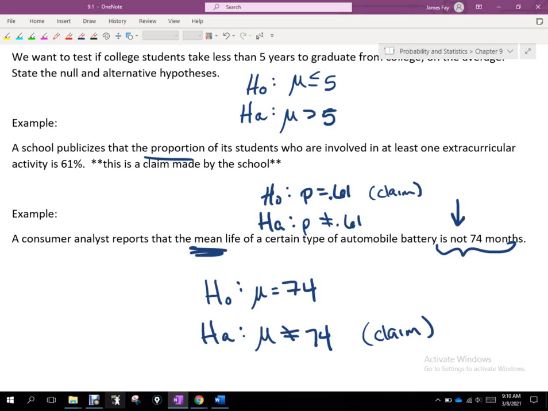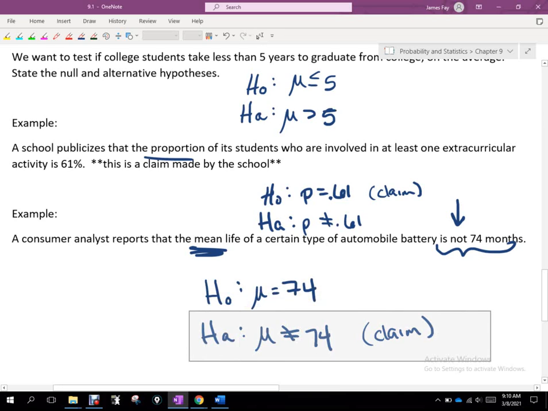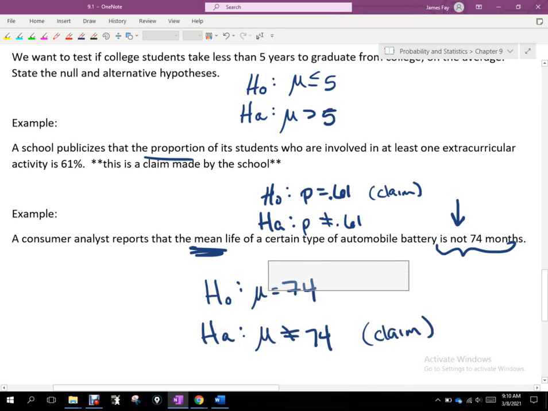So on this last one, as we do that testing, if I get data that rejects the null hypothesis, we say essentially that this is not true, then is that data that supports our claim? Yeah. If we say, nope, we have to accept this, then that would be data that refutes our claim. That says we were wrong.